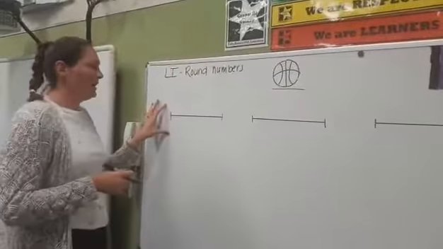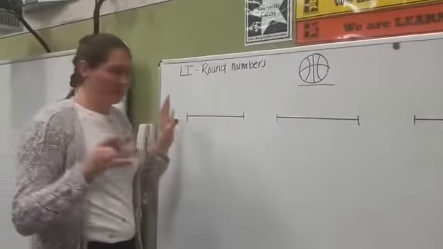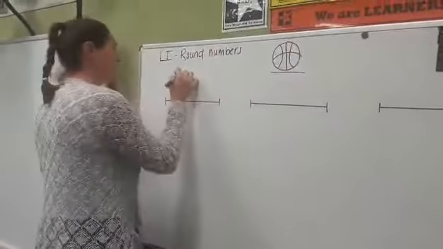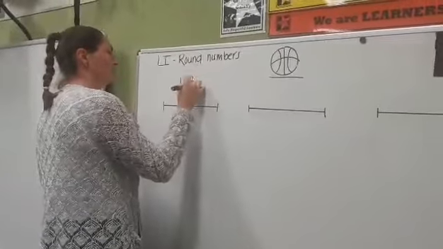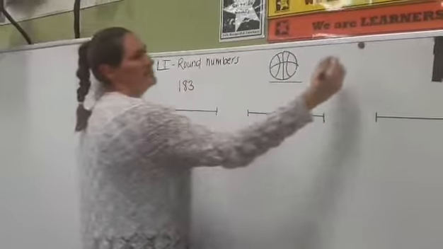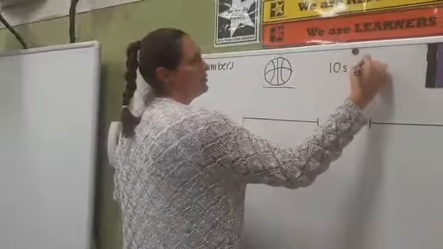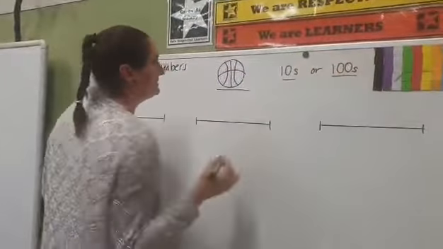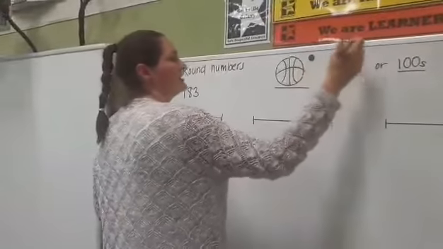When we're rounding, there's a few steps. I'm going to start with the number 183. We're rounding numbers to tens or hundreds today, the nearest 10 or the nearest 100.